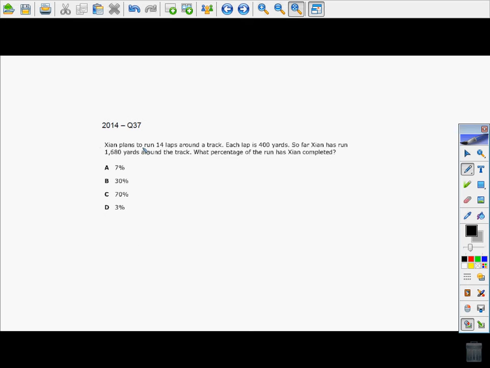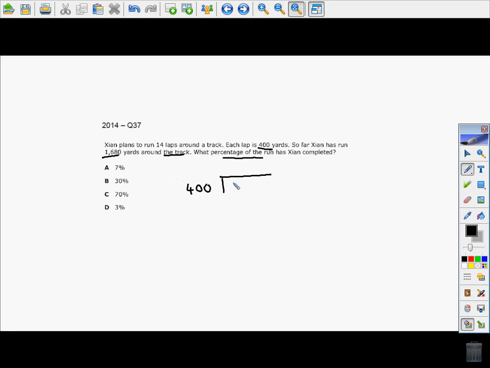Xn plans to run 14 laps around a track. Each lap is 400 yards. So Xn has run 1680 yards around the track. What percentage of the run has Xn completed? Let's look here. 1 lap is 400 yards.